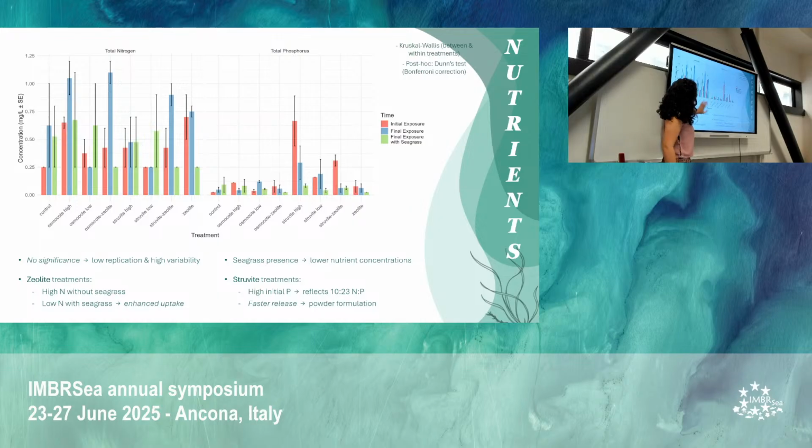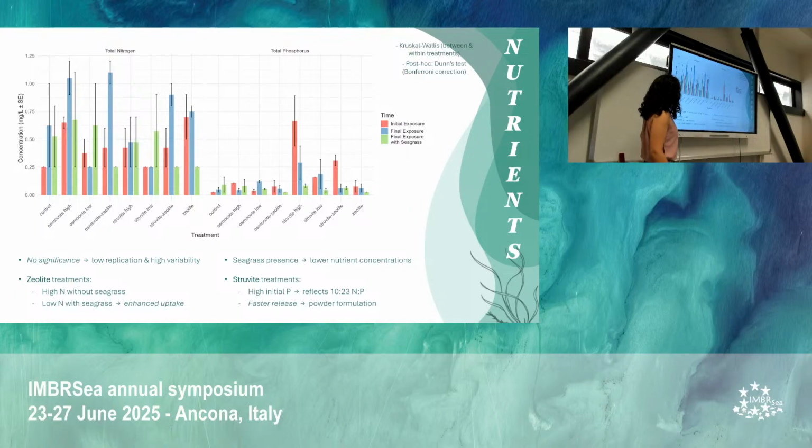Regarding the pore water nutrients analysis, the graph is showing the concentration of total nitrogen on the left and total phosphorus on the right. The red bar is the initial exposure, and the blue one is the final exposure without seagrass. And the green one is the final exposure with the presence of seagrass. There was no significant difference within and between treatments.